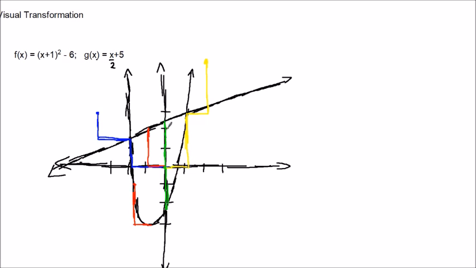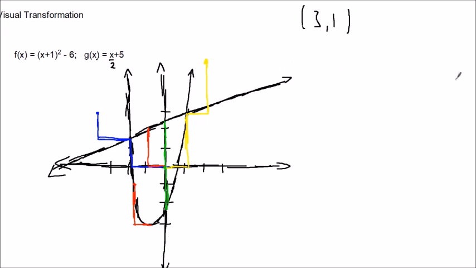If we transform it by x over 2 plus 5, wherever the graph is at, it transforms it to that point. So for example, let's say the point is 3, 1.